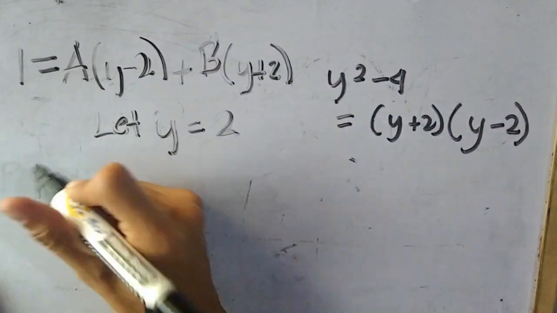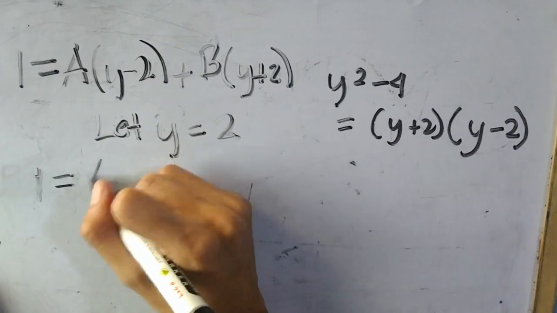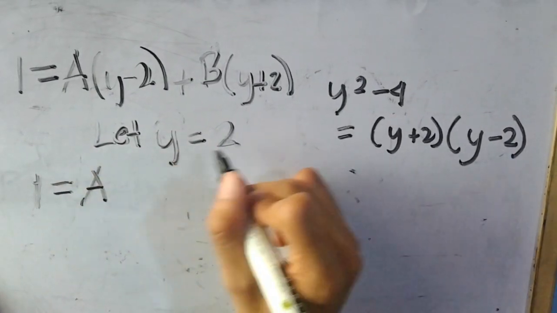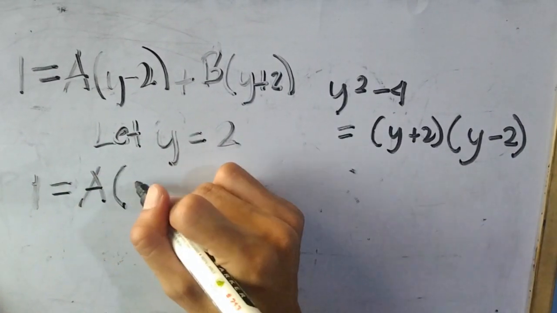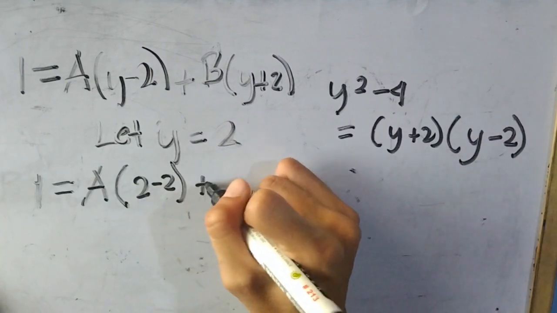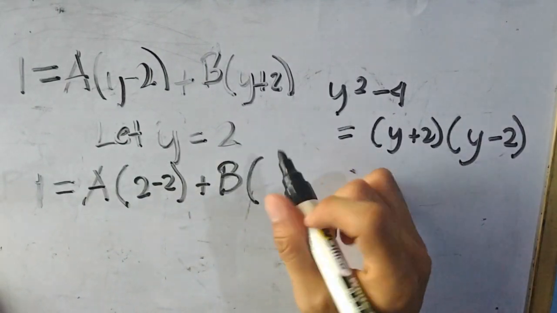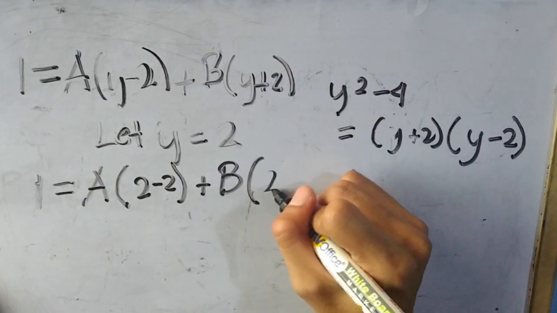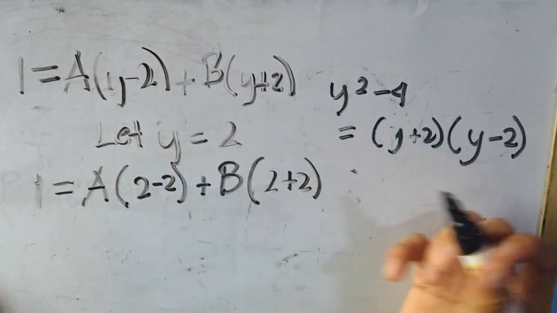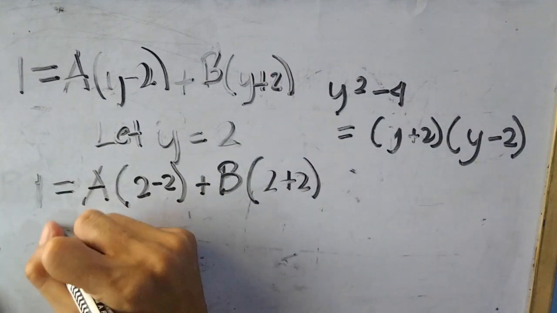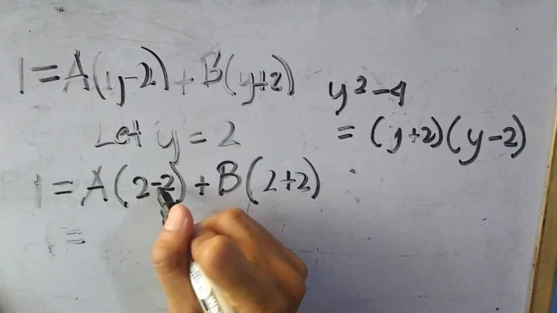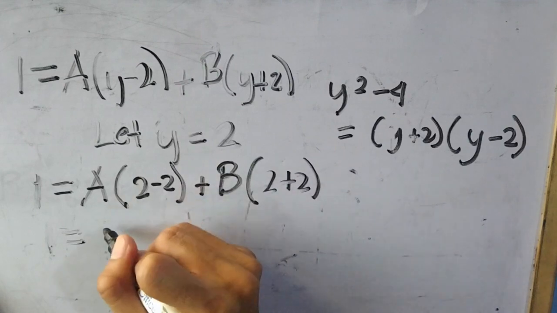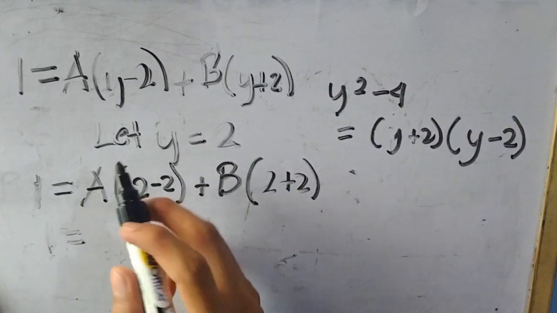So 1 equals a times 2 minus 2 plus b times 2 plus 2. After that, simplify. 1 is equal to, 2 minus 2 is 0, and this will all be 0.